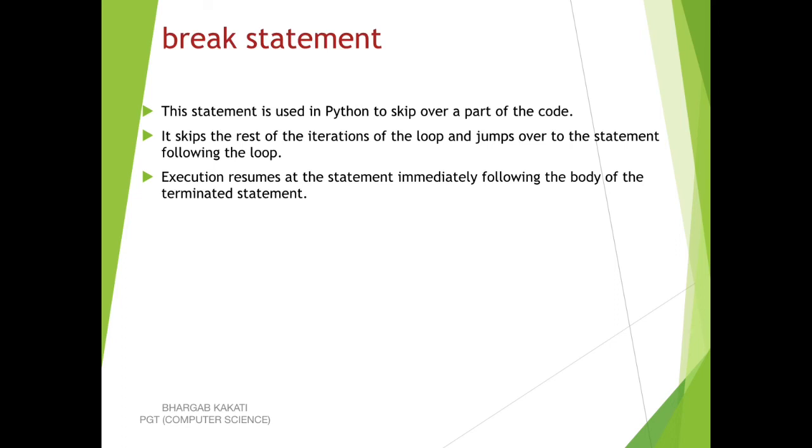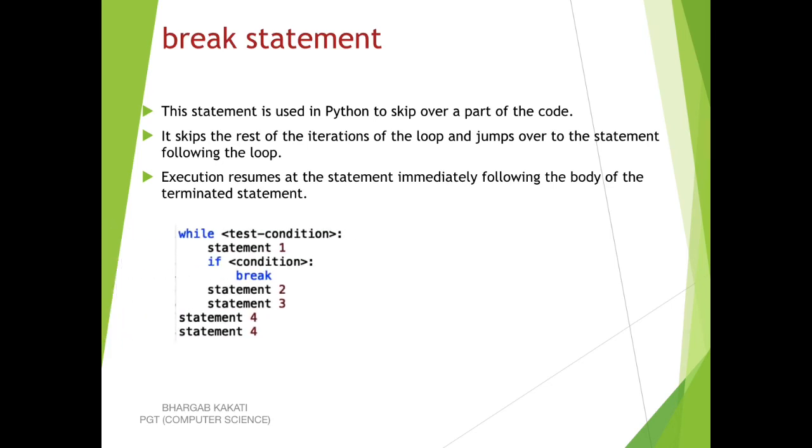After the loop is terminated, the program will not terminate, only the loop will, and the control will go to the statement following the loop. That means if there are statements after the loop, they will be executed, as the loop is terminated prematurely because of the break statement.